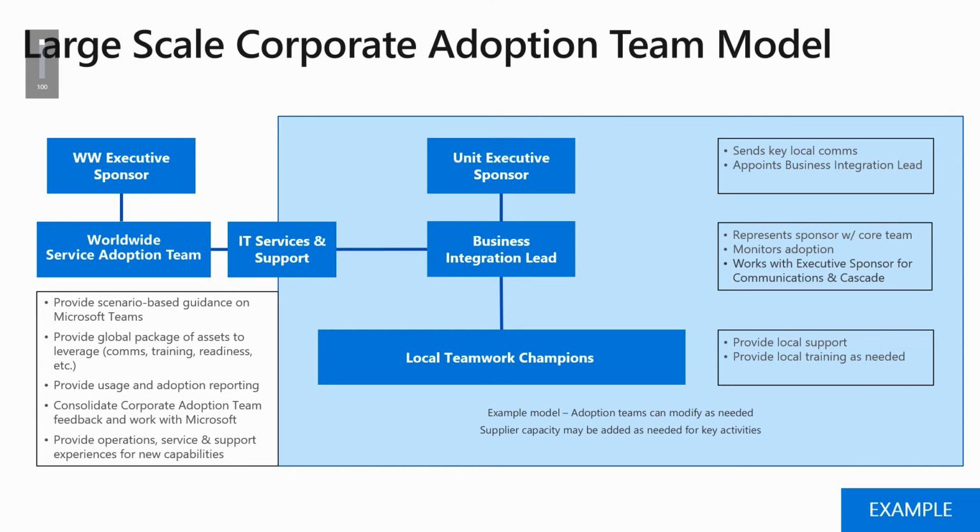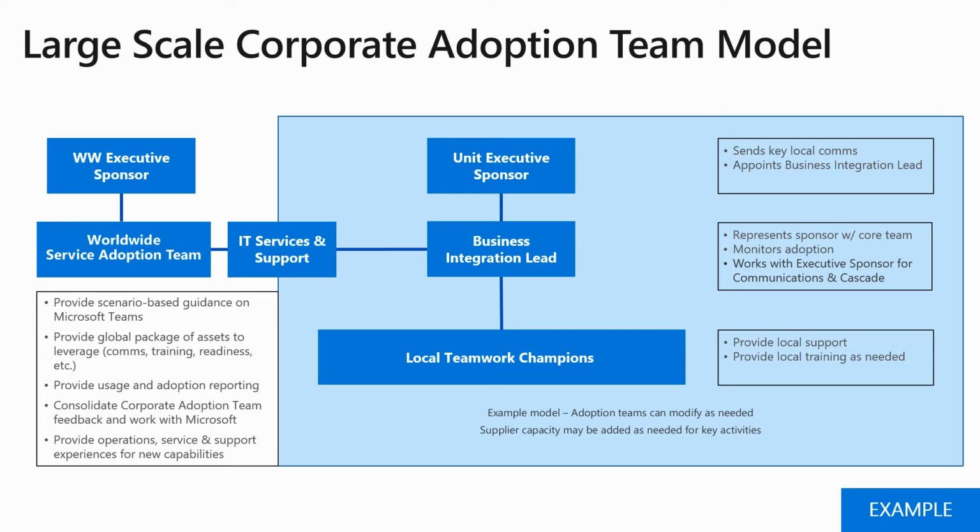All of these people are ultimately supported by the local teamwork champions in that particular business unit. There are people who not only understand the technology or the change you're trying to drive, but they understand the business itself and the people within it, and they know how to provide that support.